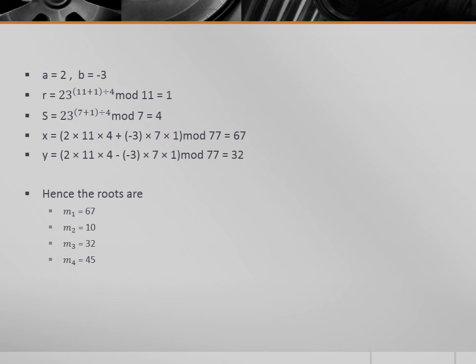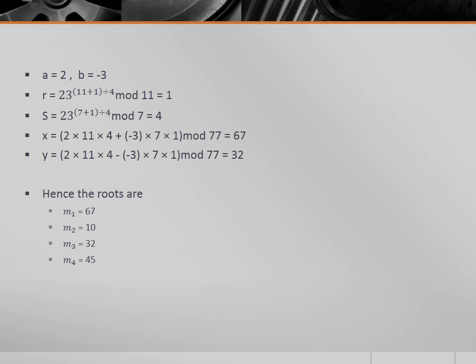Hence, the roots we get are M1 is equal to X, that is 67. M2 is equal to minus X, that is minus 67 plus 77 equal to 10. M3 is equal to Y equal to 32. M4 is equal to minus Y, that is minus 32 plus 77 equal to 4.